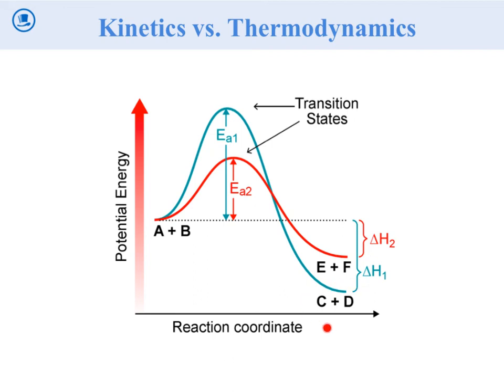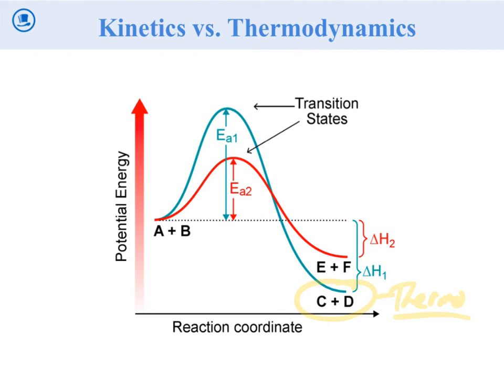Now if we look at C and D and E and F, which one's the thermodynamic product? Thermodynamics is only concerned about the difference in energy between the starting materials and the products. So the thermodynamic product is C and D, because that's the lowest energy one. That's all that matters.